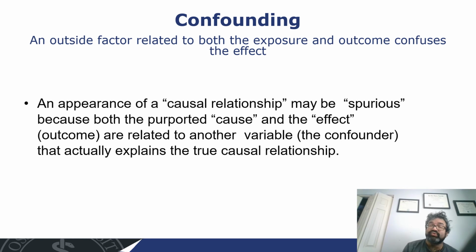So you want to control for those kids that eat ice cream and make sure that the effect that you're seeing is in fact the relationship that you're seeing rather than something else that's affecting it.